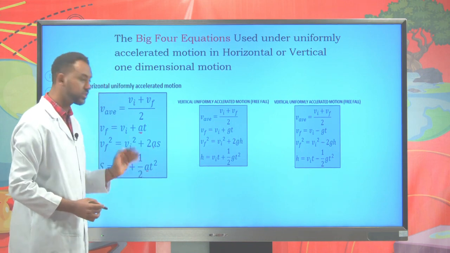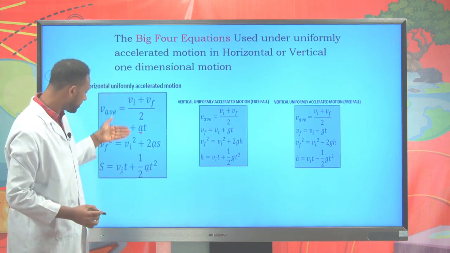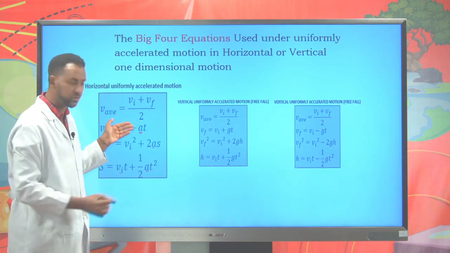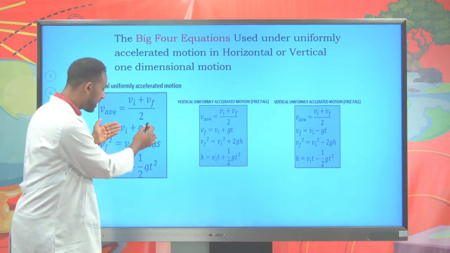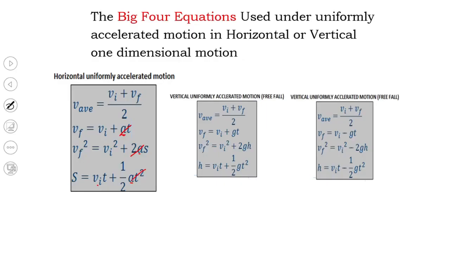Look here, the acceleration remains constant. If you try to use these equations for a uniform motion, the acceleration will be canceled out here, here, and here as well. So for a uniform motion, the only thing that you have is this equation: s is equal to initial velocity times t.